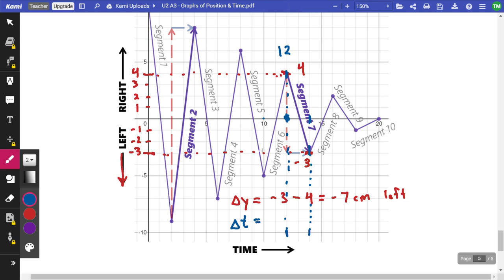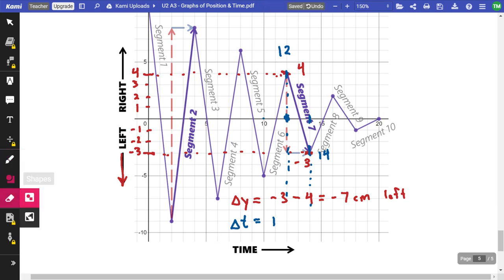Just going to write up here. And we end at 12, 13, 14. So our change in time is going to be our final time, which is 14 seconds, minus our initial time, which was 12 seconds.